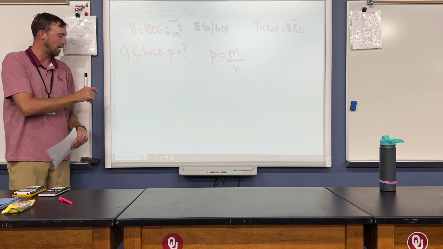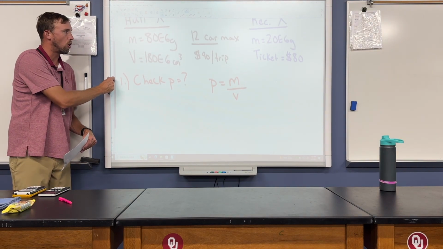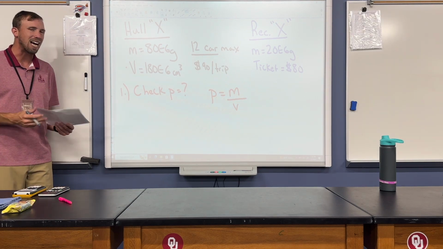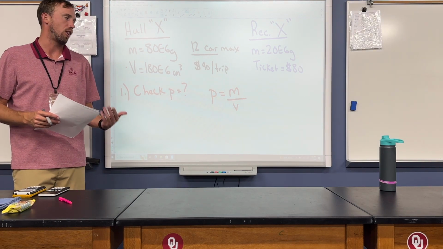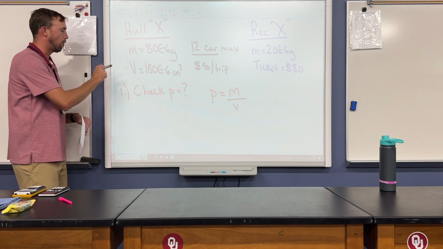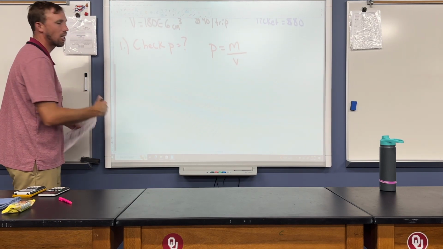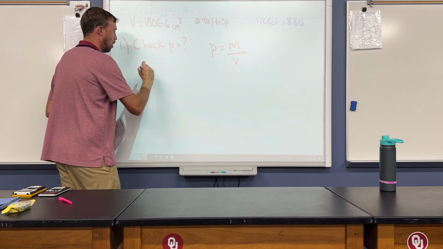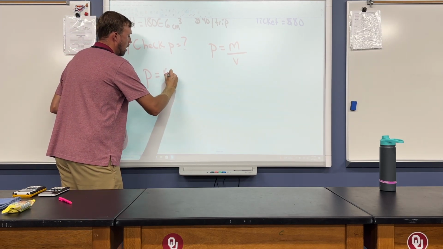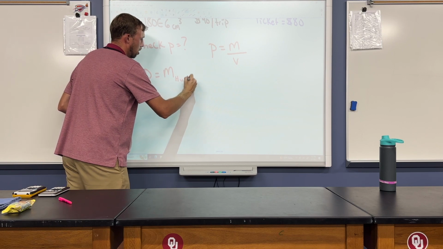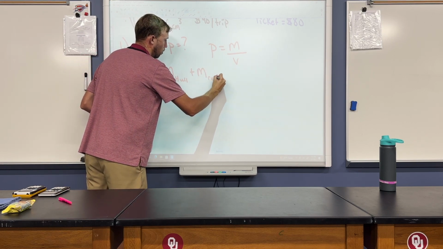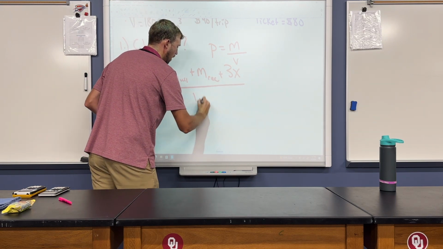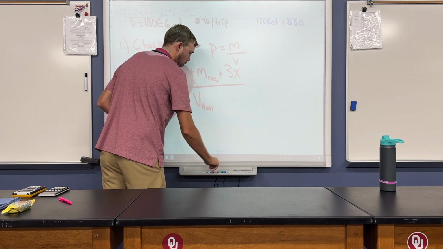The volume will be a little easier because we just use the volume found in the hull information. But with the mass, we have to include several different things. On your mission brief, you're going to see a formula for density that looks a little more complex, but it's really just this ratio of mass to volume. It looks like this: density is equal to mass of the hull plus mass of the wreck plus 3x, divided by the volume of the hull.